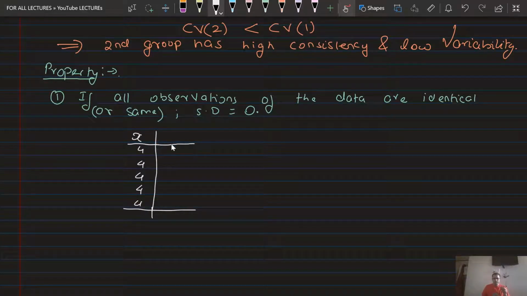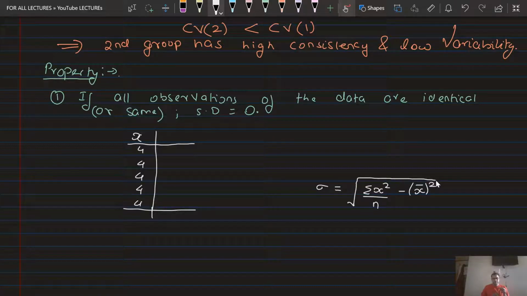In order to find the value of standard deviation sigma, the formula, as you already know, is under root of summation x square upon n minus x bar square. So the first thing that we need is the value for x bar. What is that? Summation x upon n. So take the total. 4 and 4 is 8, 4 is 12, plus 4 is 16, plus 4 is 20. There are 5 numbers.